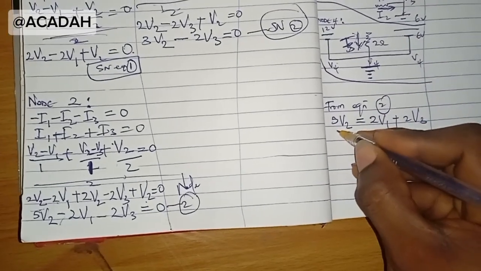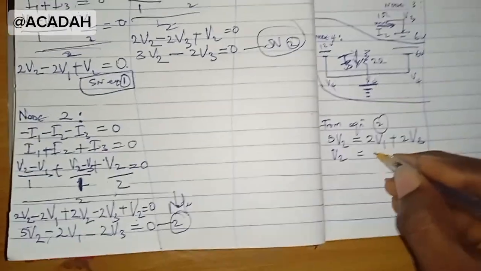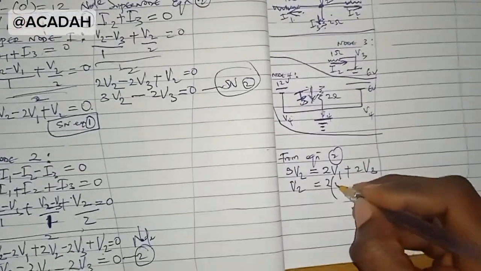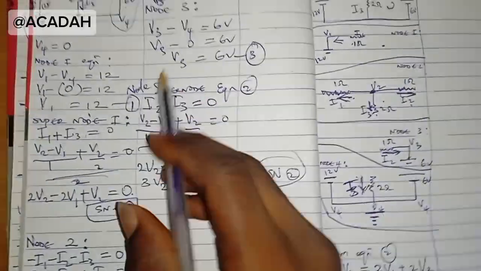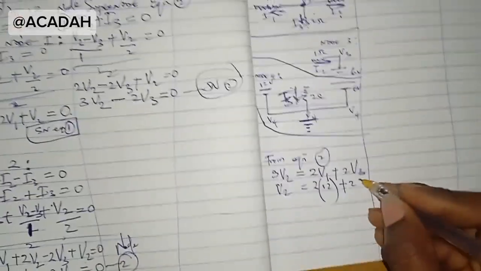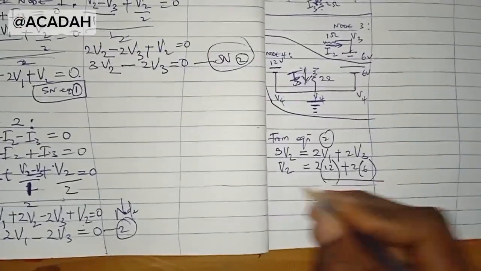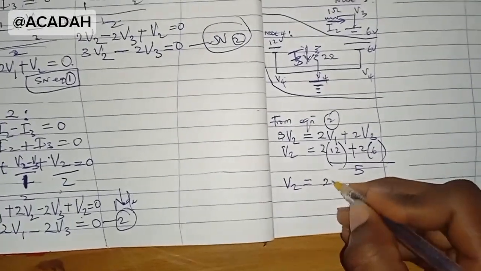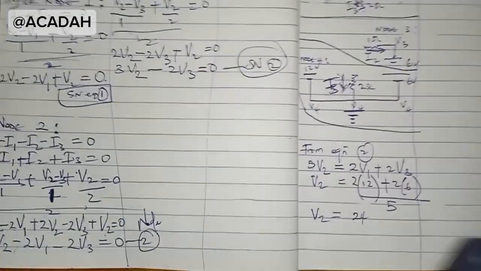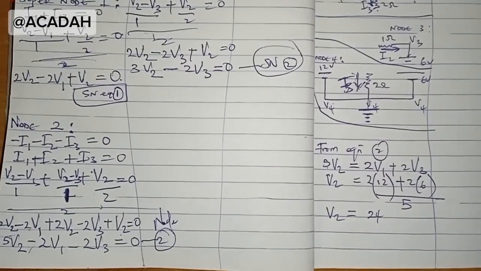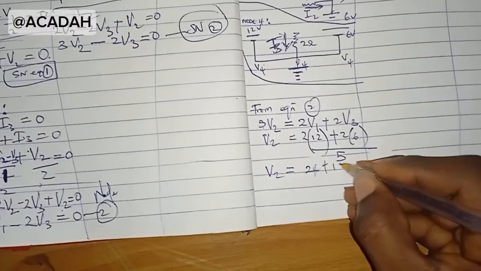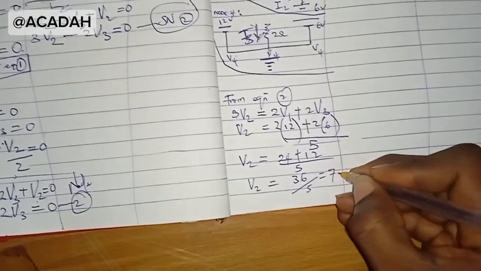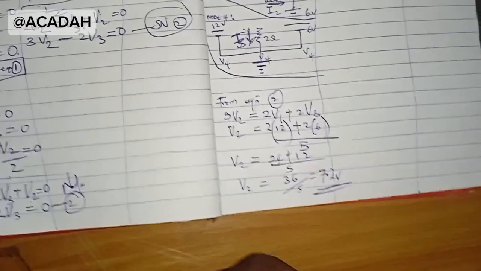So you can see that V2 equals to, V1 already is 12, so 12 plus 2, now V3 is 6, all over this 5. So V2 will be equals to 24 plus 12 all over 5. So V2 is equals to 36 over 5, which is equals to 7.2 volts. That is V2 for you.